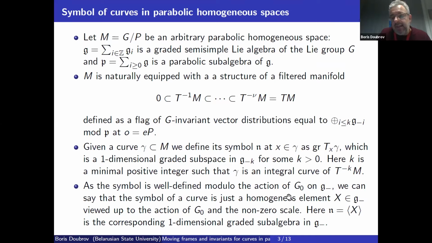It is just a one-dimensional subspace spanned by a homogeneous element in g_-. In the previous lecture, I often used the letter N to denote the symbol. Today, for me, the symbol will be the same as this element X. So very often I will speak about the prolongation of X instead of the prolongation of N. They will be essentially interchangeable during this lecture.